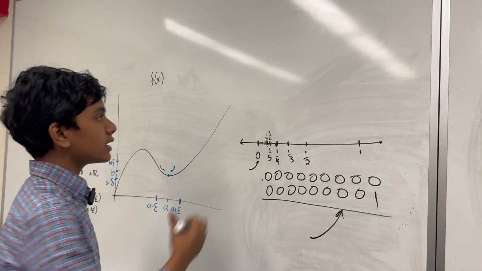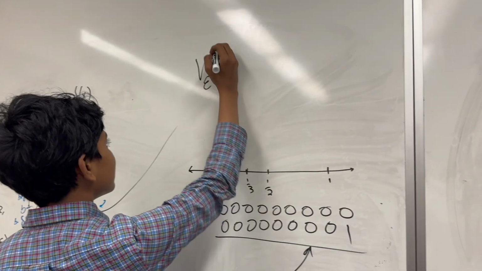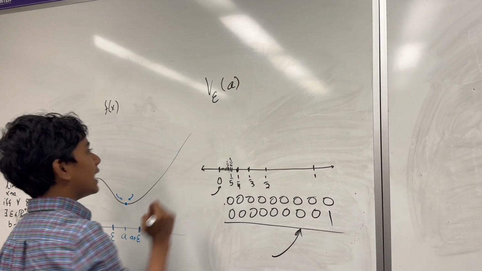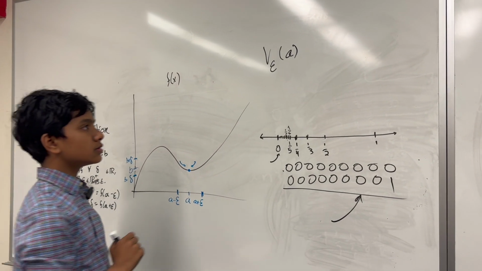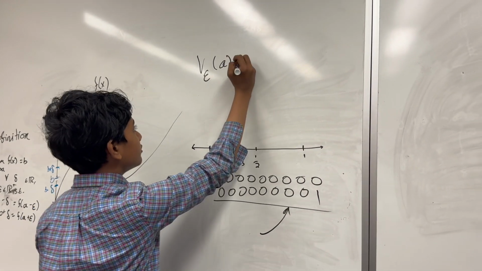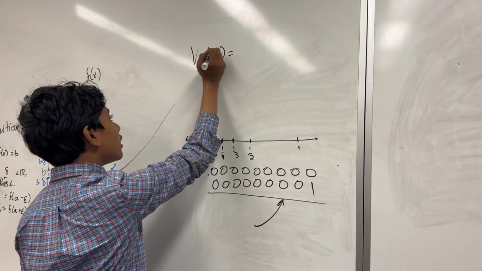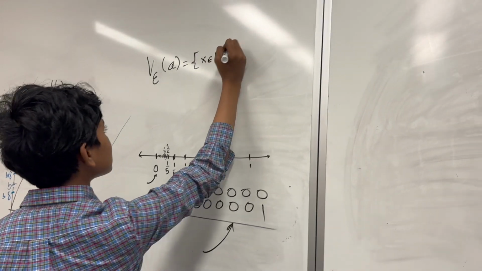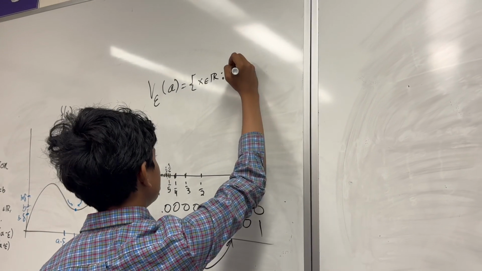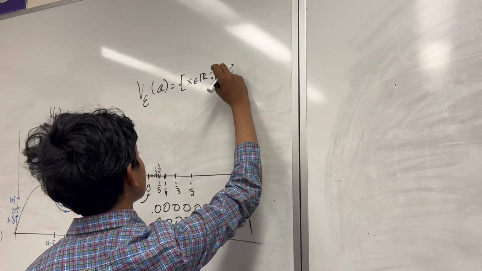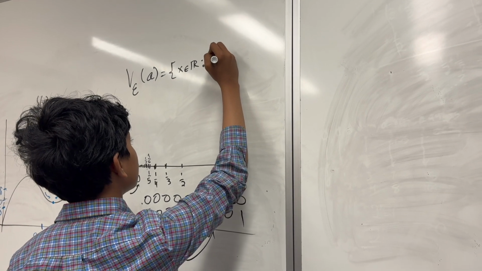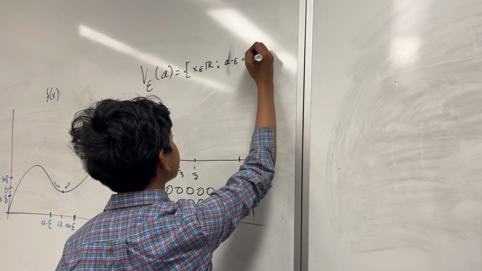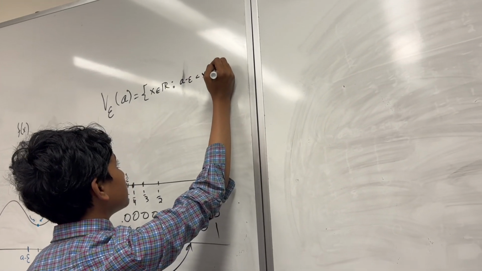We need to define something called a neighborhood to understand this. So, the epsilon neighborhood of alpha, I'm getting way too used to the Greek alphabet. So the epsilon neighborhood of a is all real numbers x such that a minus epsilon is less than x, which is less than a plus epsilon.